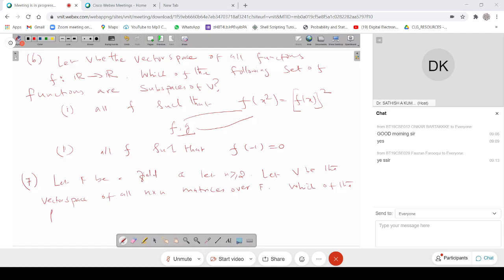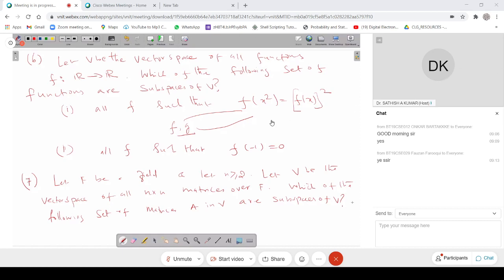Let F be any field, but here it is not mentioned, so take the set of all real numbers only. Inside the matrix we'll take all entries to be real. Let F be the field and n a positive integer, and V the vector space of all n by n matrices over F.